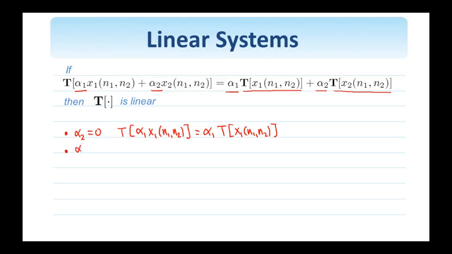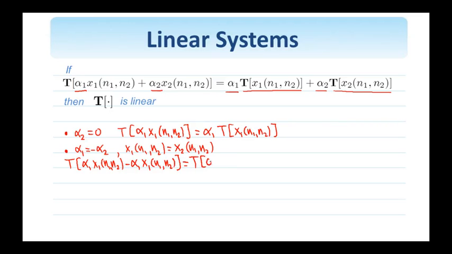Similarly, if alpha 1 equals minus alpha 2 and x1 equals x2, since this property holds for any x1, x2, and any weight, then I see that the response to alpha 1 x1 minus alpha 1 x1, which is equal to 0, right?